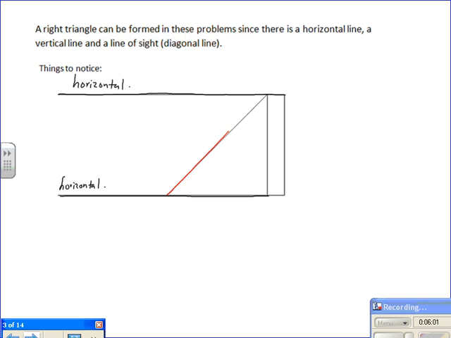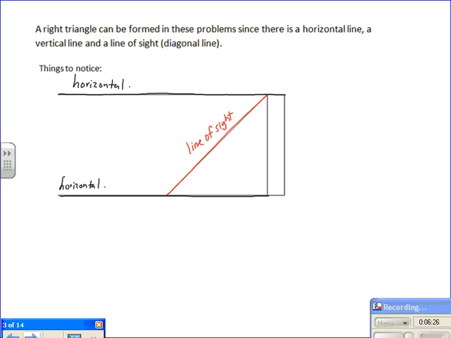In math, we call a line that intersects two horizontal lines a transversal line. In other words, it intersects two parallel lines. That's called a transversal. For Math 10, we're just going to refer to that as our diagonal line, or our line of sight here.